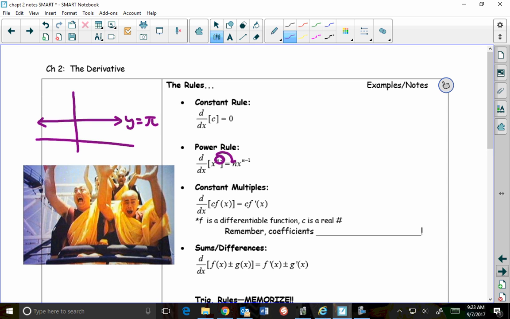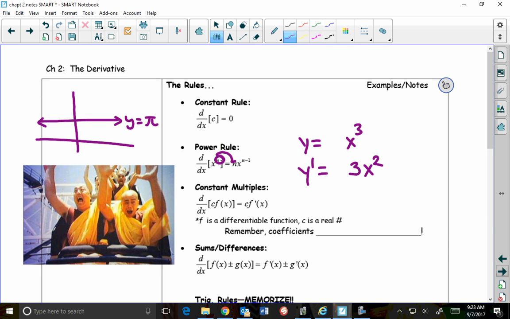So if I had y equals x cubed, what does y prime become? Well, the 3 goes down in front, and then I subtract the 1.